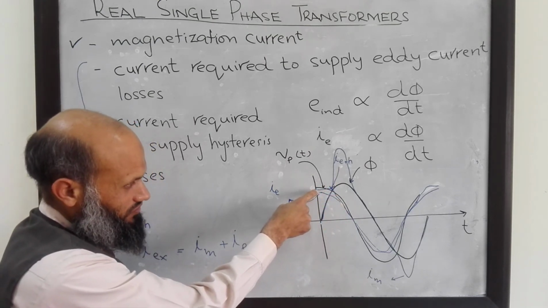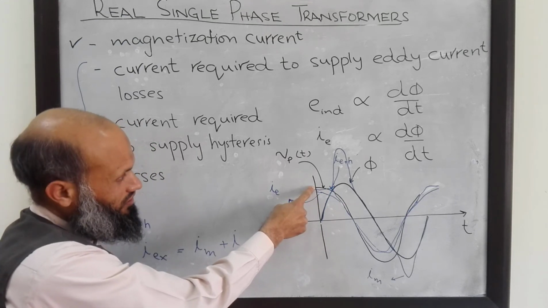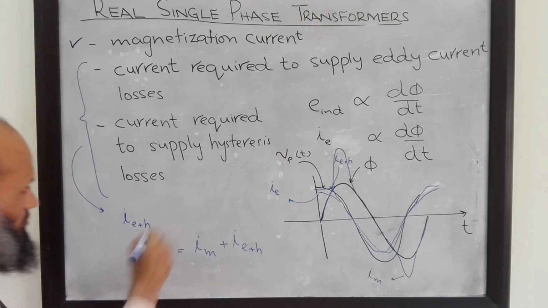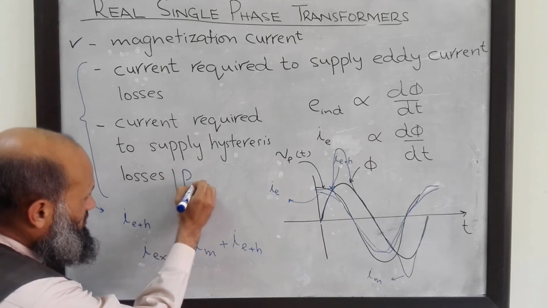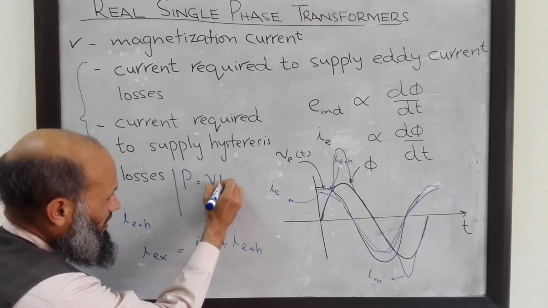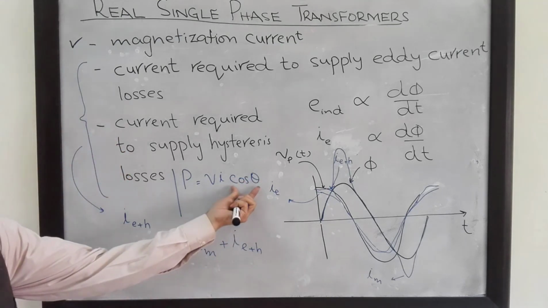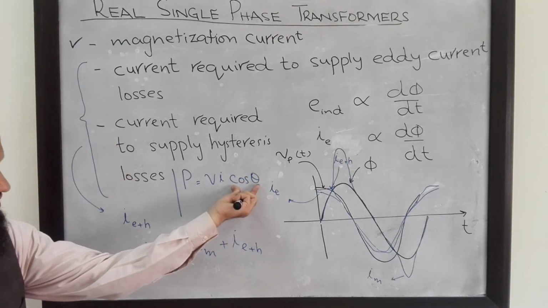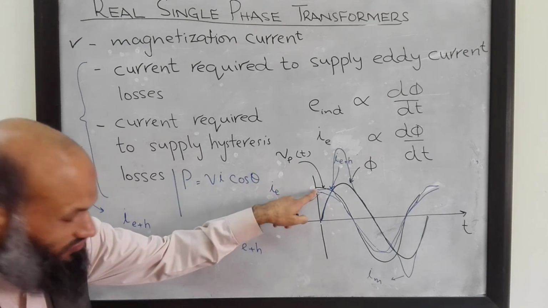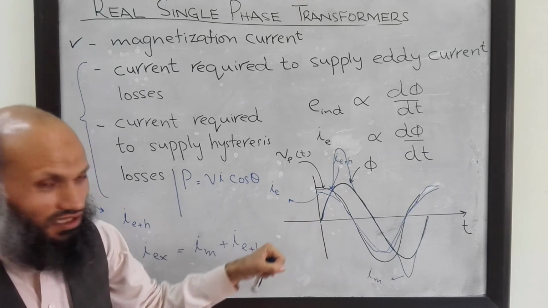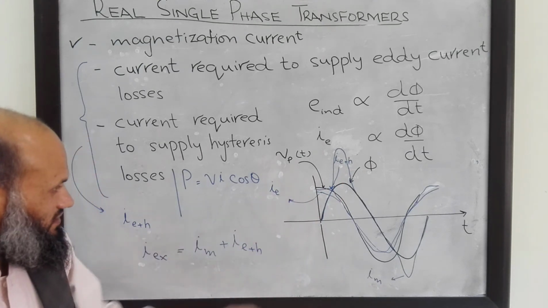Another important thing to observe is that IE, and similarly the fundamental component of IE plus H, is in phase with the applied voltage, and you already know that power is equal to V I times the cosine of the angle between the two. The cosine of 0 is 1, so this component of current, IE plus H, causes losses.